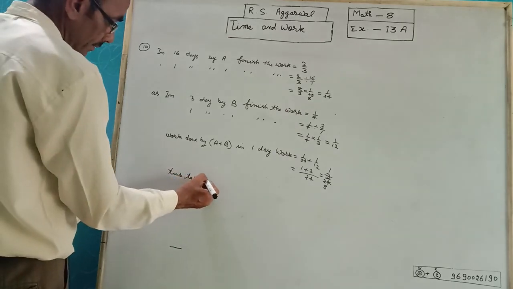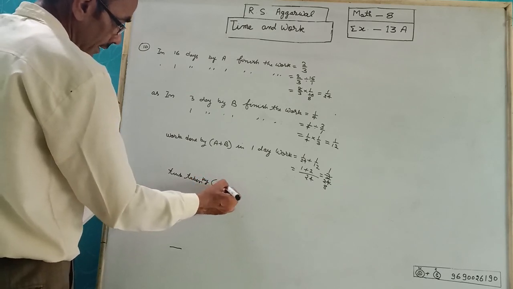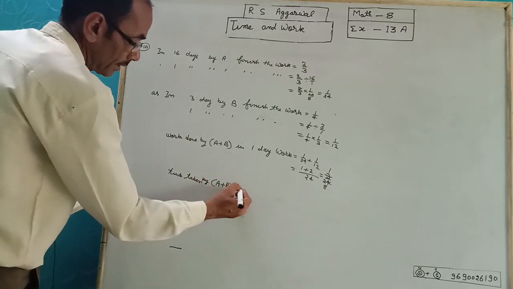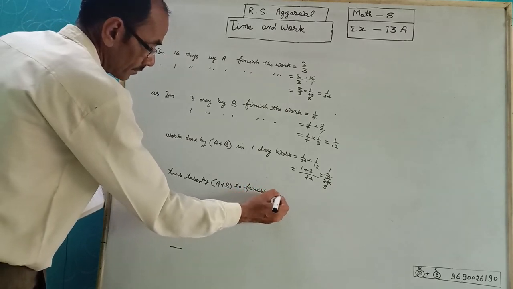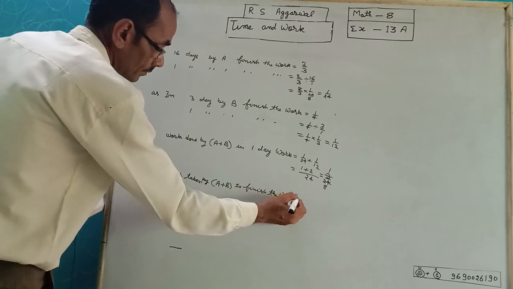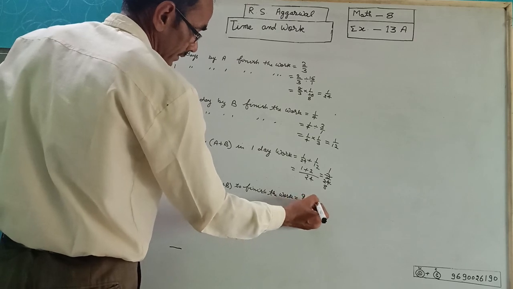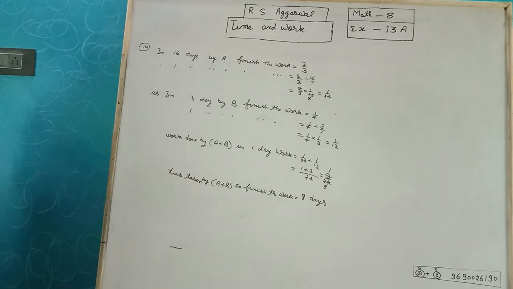Time taken by A and B to finish the work is 8 days. Both complete the work together in 8 days. Thank you.